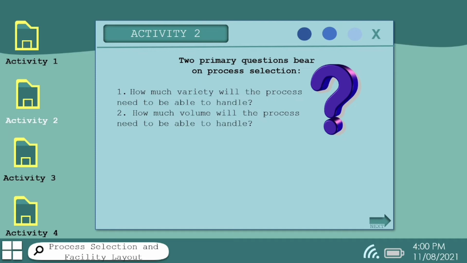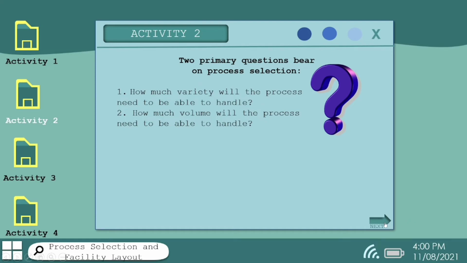So we have here two primary questions to bear in mind on process selection. First, how much variety will the process need to be able to handle? Second, how much volume will the process need to be able to handle?